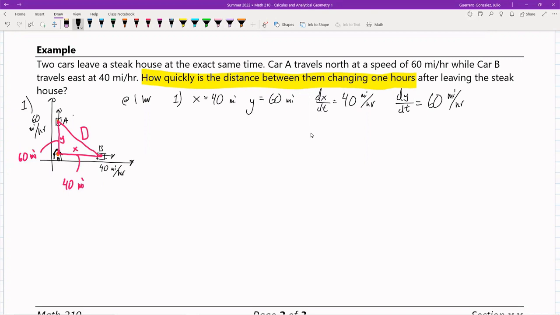The last thing is, what is it that we're looking for? We're looking for how quickly the distance between the two cars is changing.